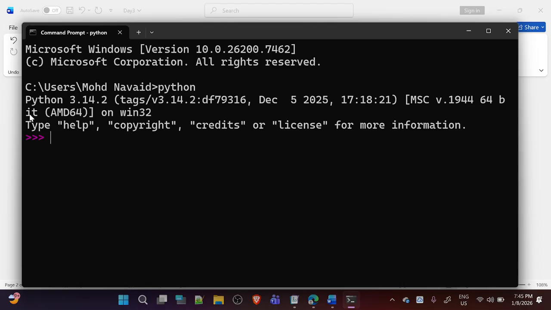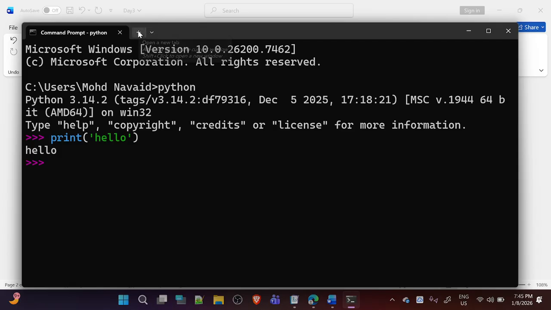This Python shell can understand Python code. For example, if you write print hello here, it will understand this statement.